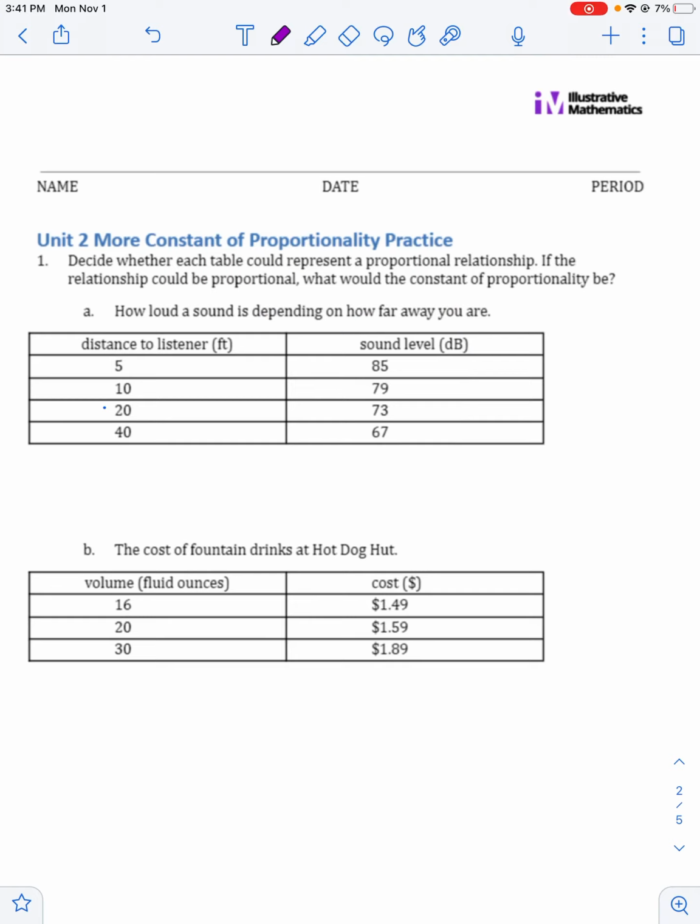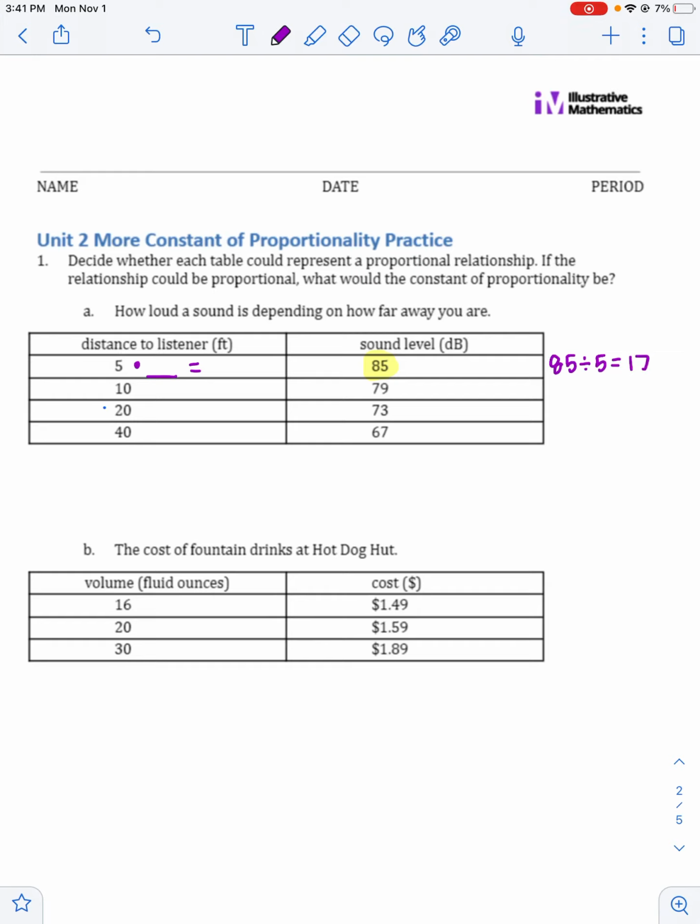So I want to start thinking about what I would be multiplying 5 by to get 85. And since I know that 85 is my product, I know that I can divide my product by my factor, 85 divided by 5, which is equal to 17.